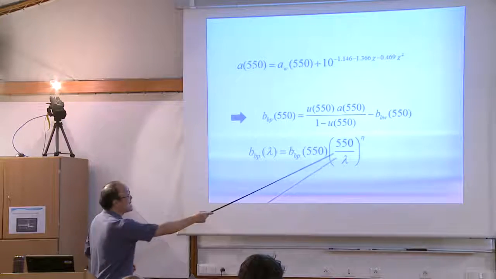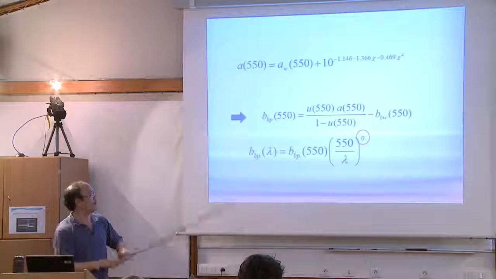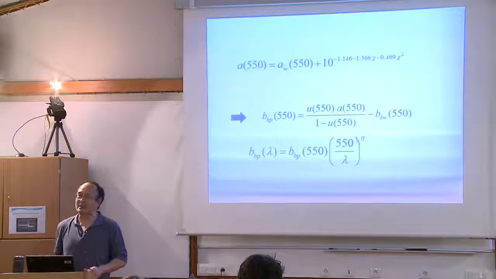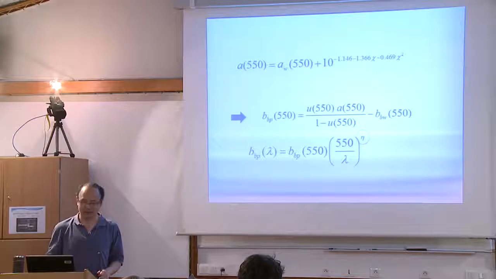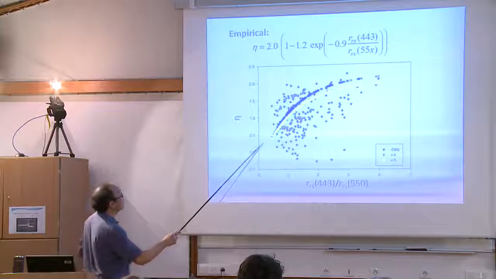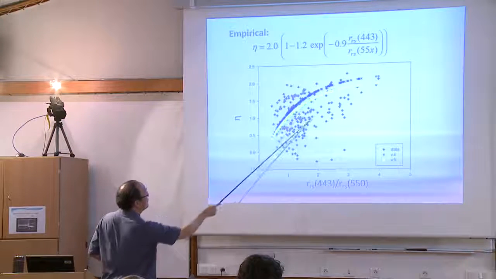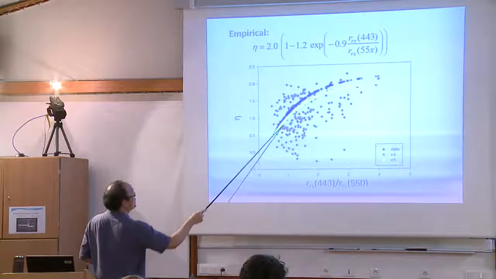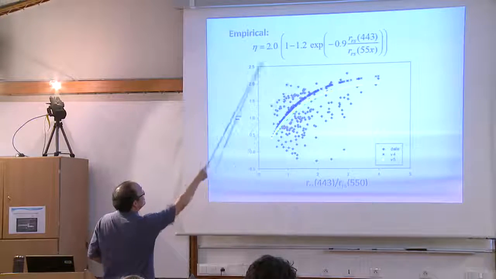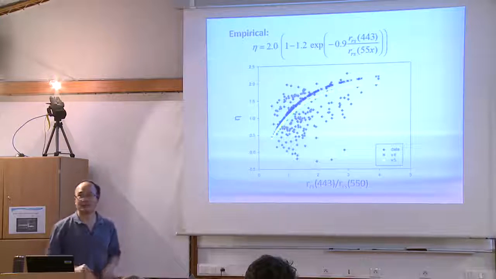But we still need this eta to propagate from 550 to shorter wavelengths. Where does that eta come from? We have to give it a number. Empirical again. Here, this is from field measurements. Basically, this is a ratio of 443 to 550. So this is the empirical relationship.